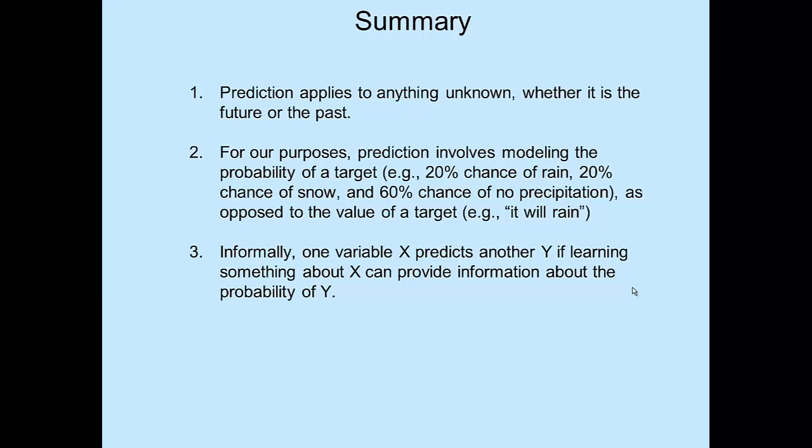So informally, one variable X predicts another Y if learning something about X can provide information about the probability of Y.